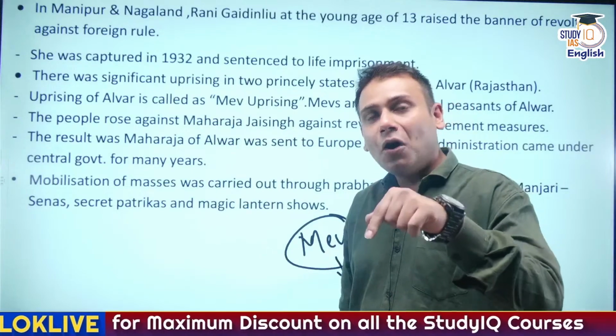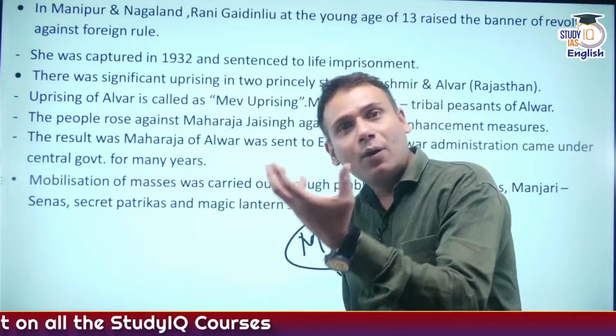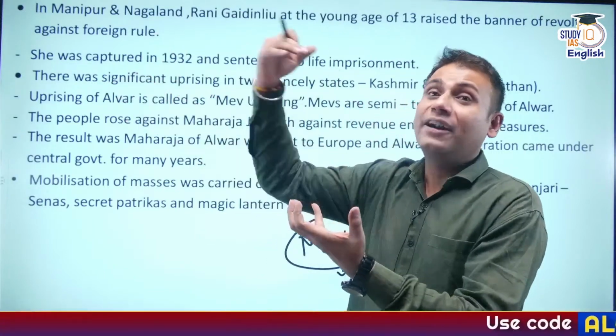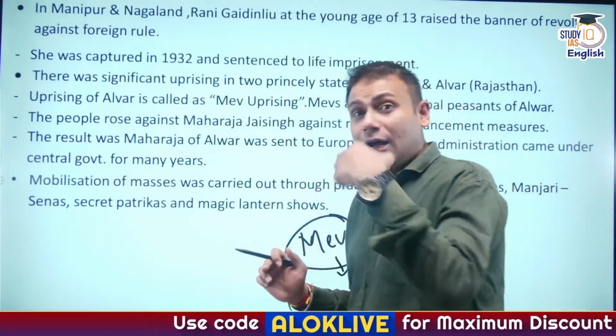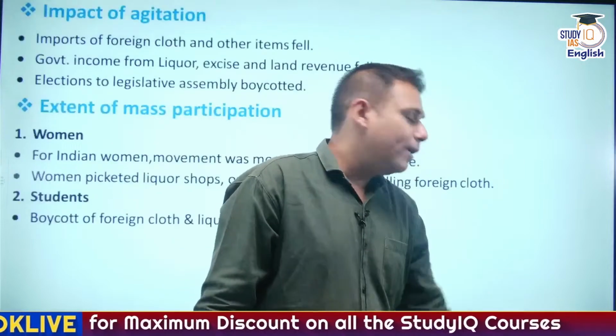So, as a part of the civil disobedience movement, the Meos, the semi-tribal peasants of Alwar, actively participated against British rule, its exploitative character, and the Maharaja. Finally, the Maharaja had to go back to Europe. So this was majorly about the civil disobedience movement.